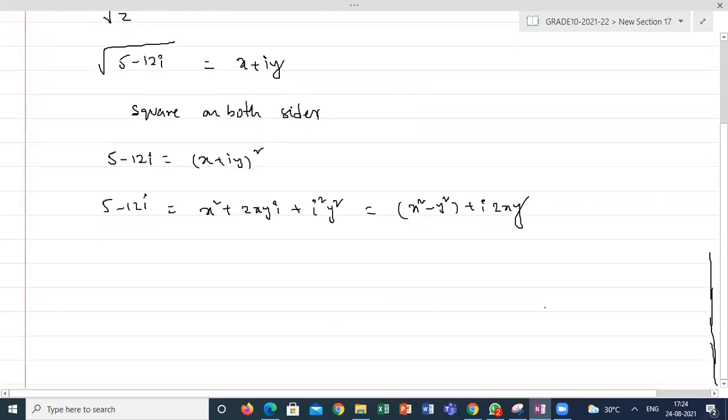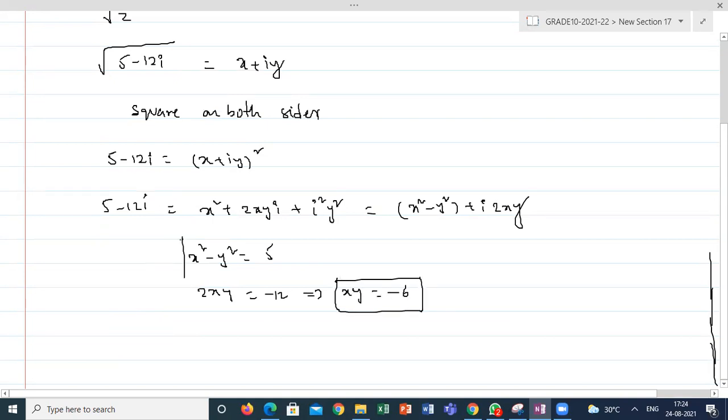I can take x square minus y square is equal to 5. 2xy is equal to minus 12. From here, xy is equal to minus 6. These are the two equations I got to calculate the x and y values.